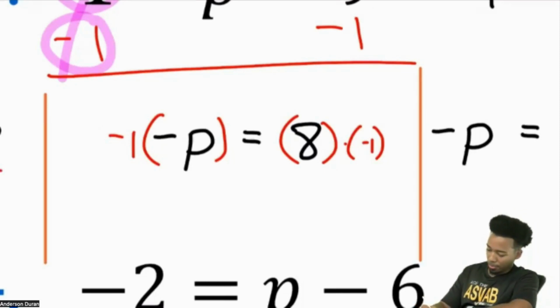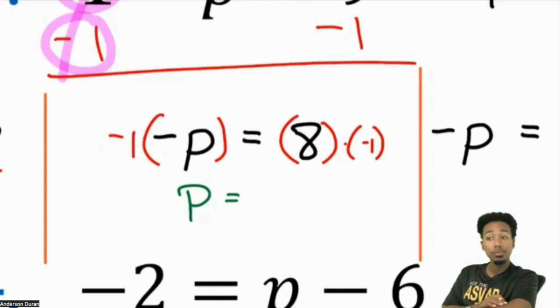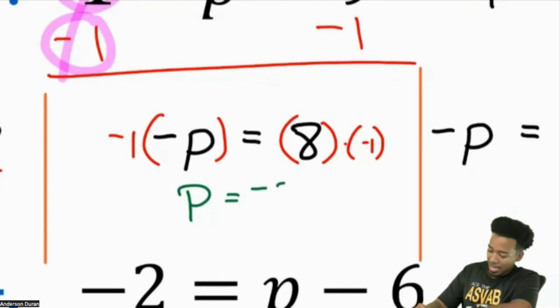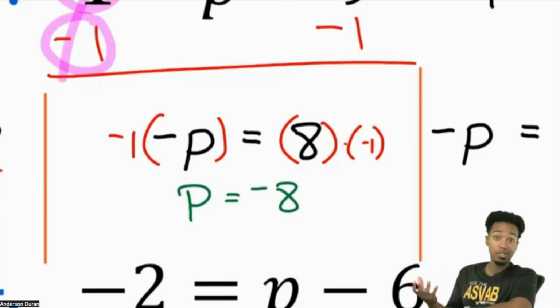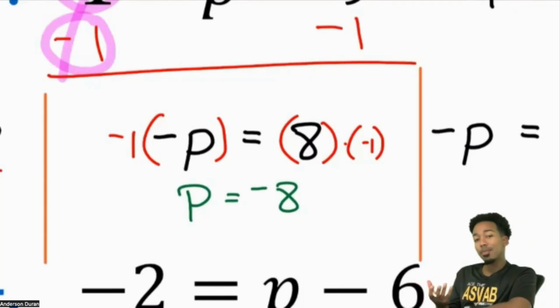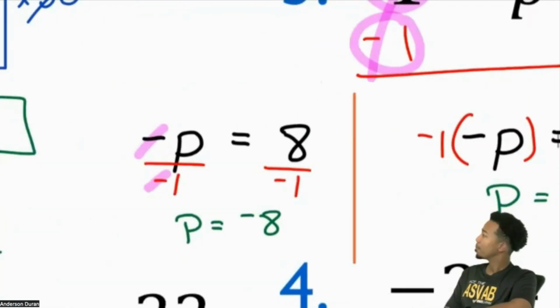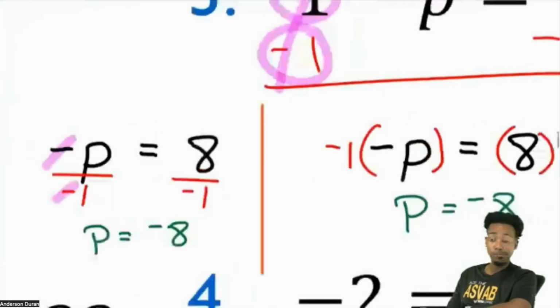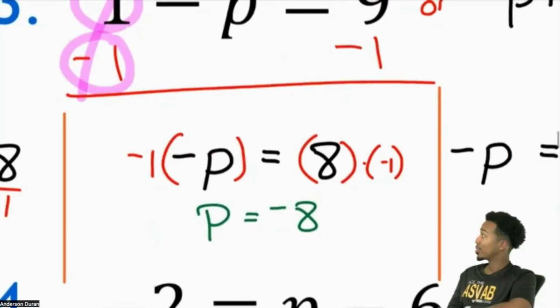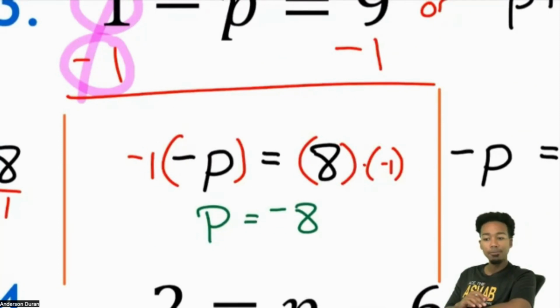So that would just be a positive P. And then 8 times -1, that'll be -8. Same exact answer. If you know how to think about it in more than one way, you can start doing negatives in your head. So for example here, you can divide both sides by -1. That'll get it positive P. You can times -1 on both sides. Yeah, that'll give you a positive P.